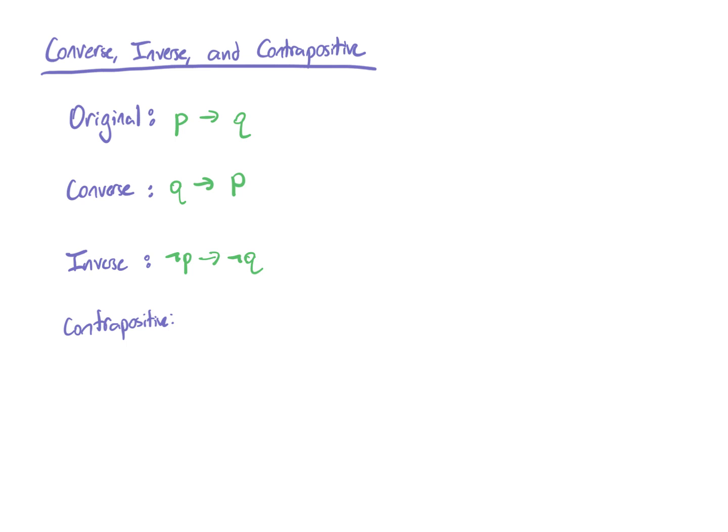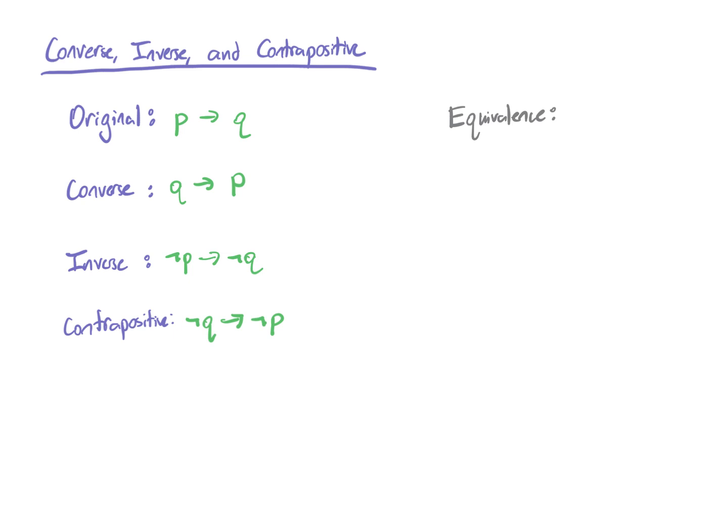Then in the contrapositive, I add negations and I swap: not Q implies not P. So these are four different expressions that we can obtain by doing different kinds of transformations to the original conditional P implies Q. Now, the important thing to understand about these expressions is that they are not all logically equivalent.